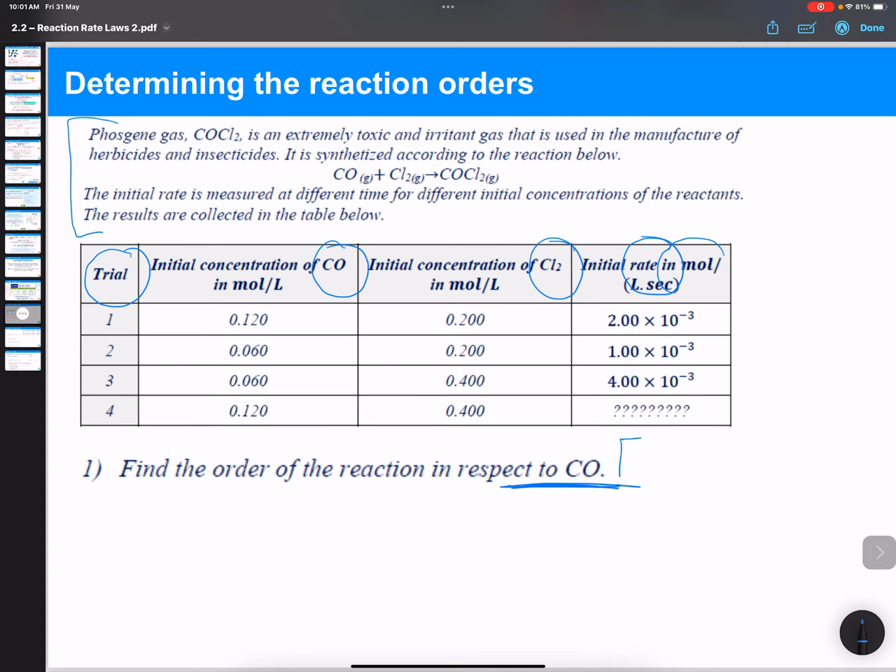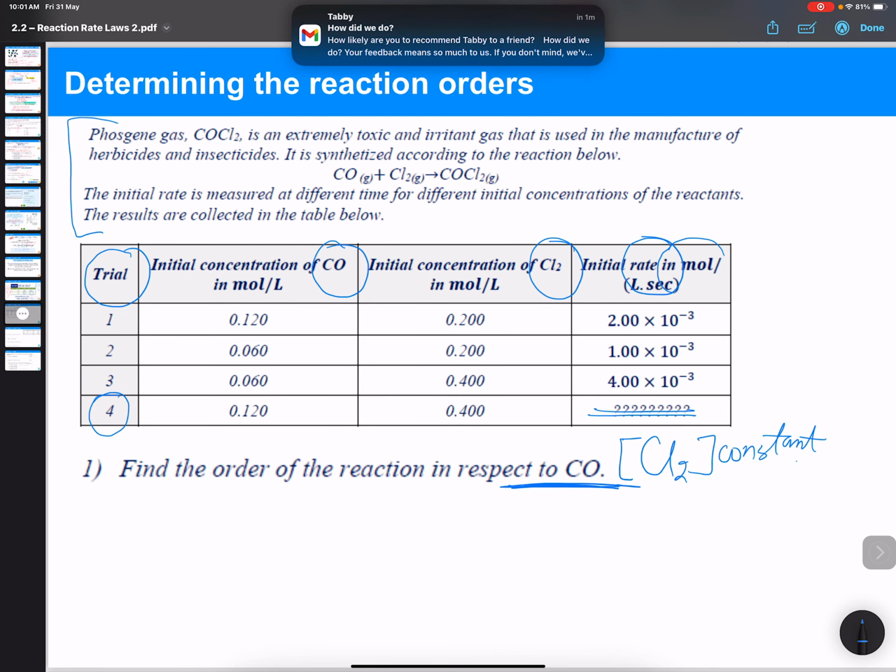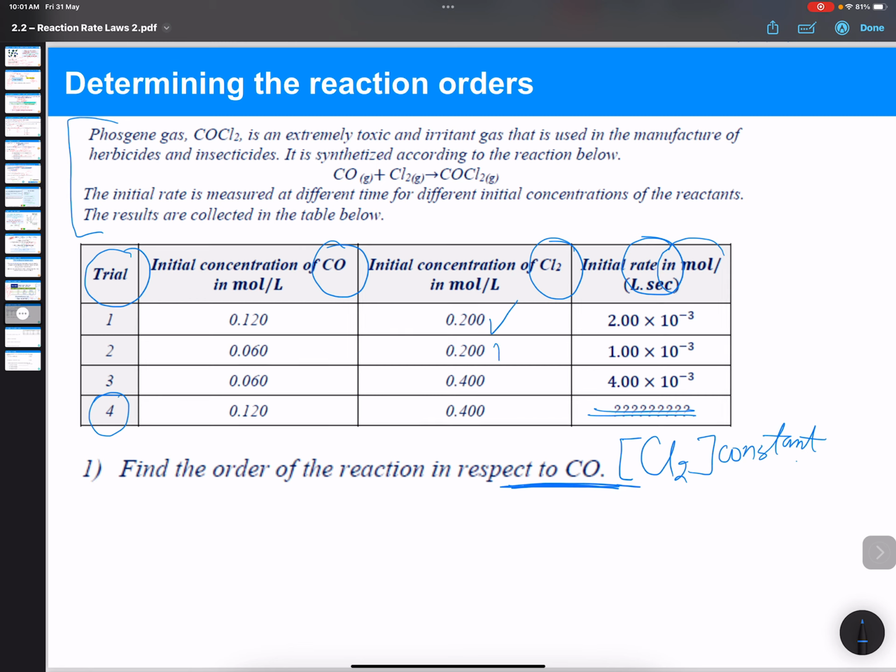Now for CO, the Cl2 needs to be constant. For Cl2 constant, analyze the data. You can't use 4 because this value is missing. So here you go. Cl2 should be constant, so I can consider trials 1 and 2. So this and this.